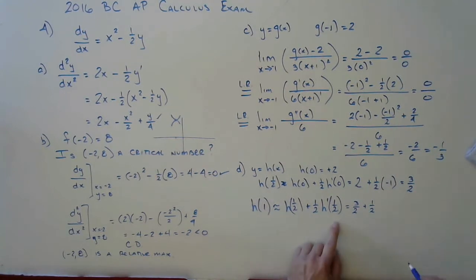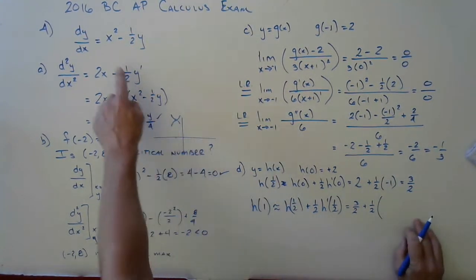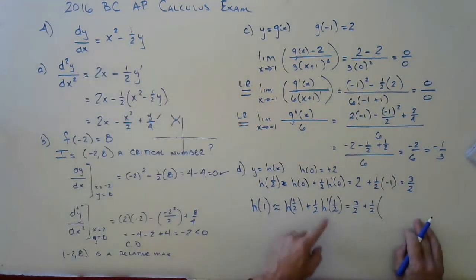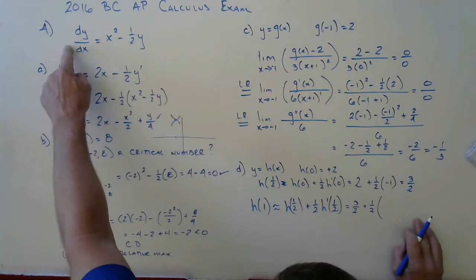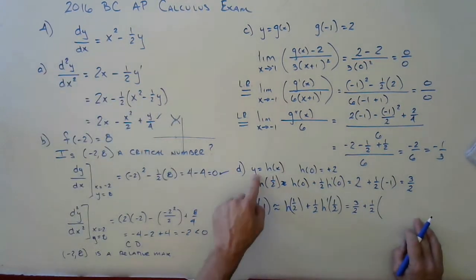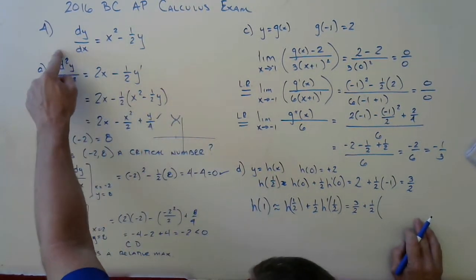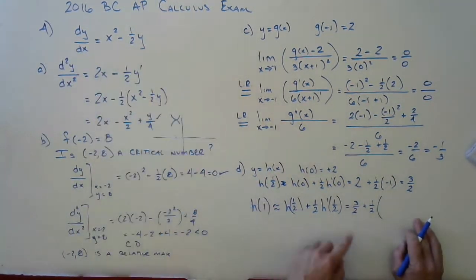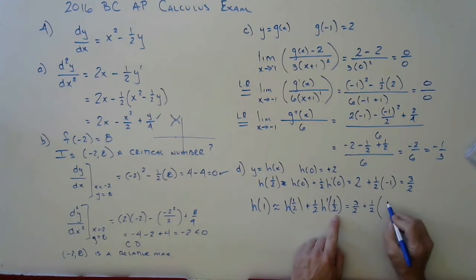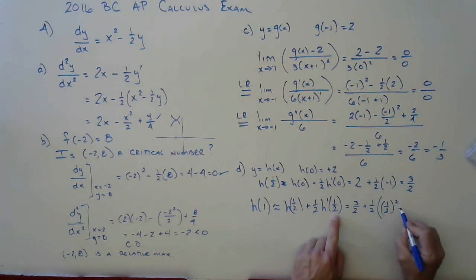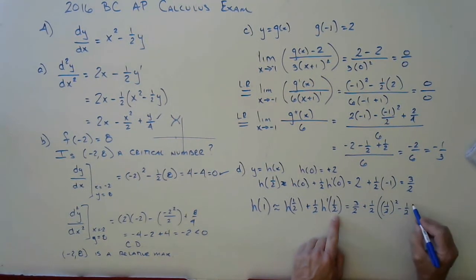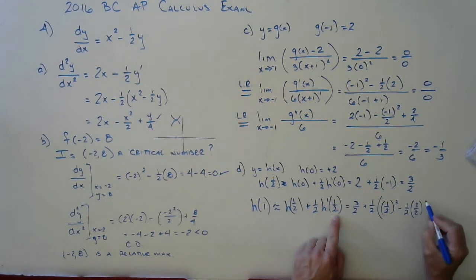We know h prime of 1/2 is going to equal whatever we get when we plug 1/2 back into our derivative. Because remember, this is h prime. H equals y, y prime is h prime. So x is a half, so we get a half squared, and then minus 1/2, and we know the y value there is 3/2.